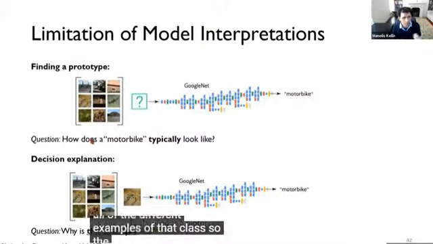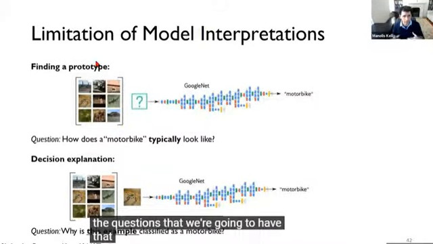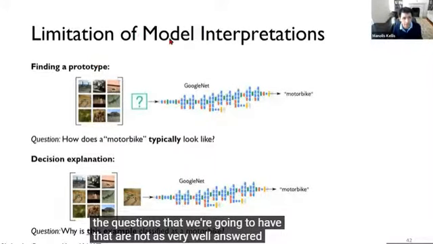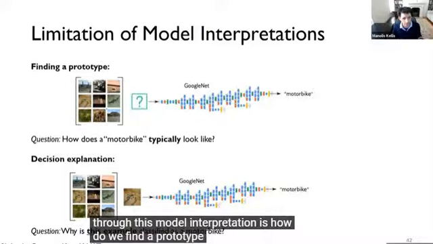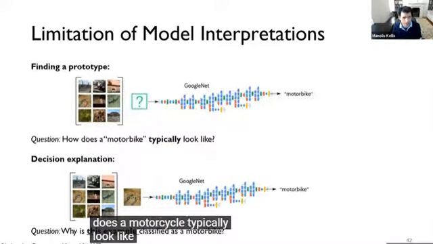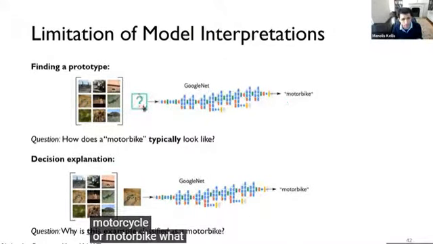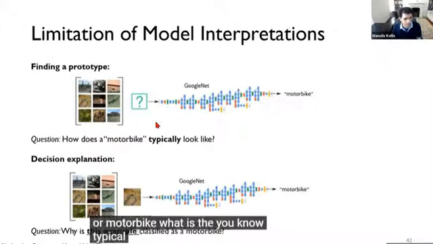The questions that are not very well answered through this model interpretation are, how do we find a prototype? Basically, how does a motorcycle typically look? And going through all of this to decide on motorcycle or motorbike, what is the typical one?